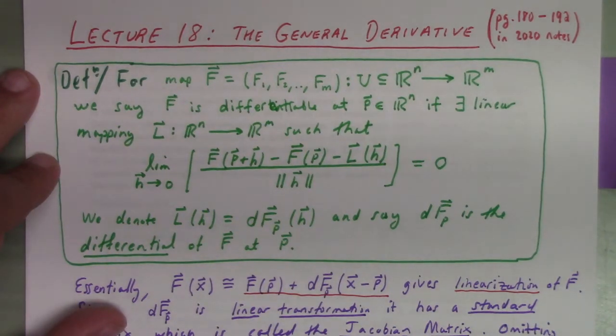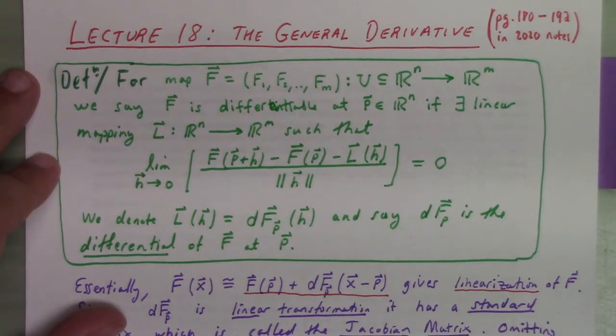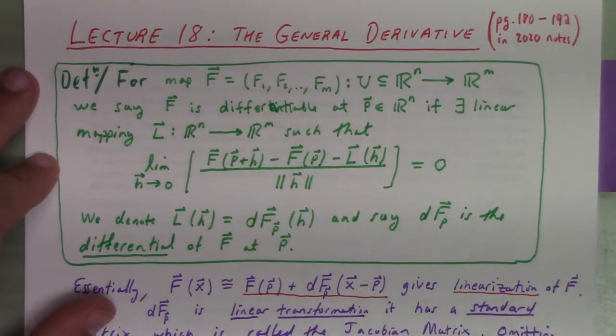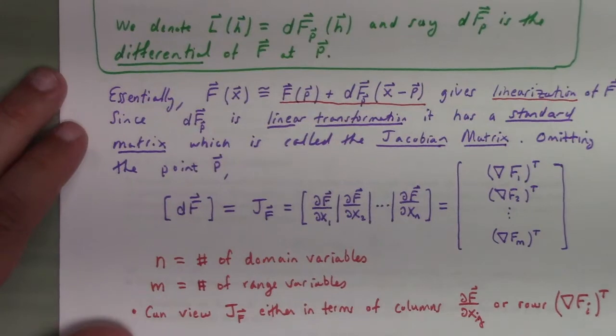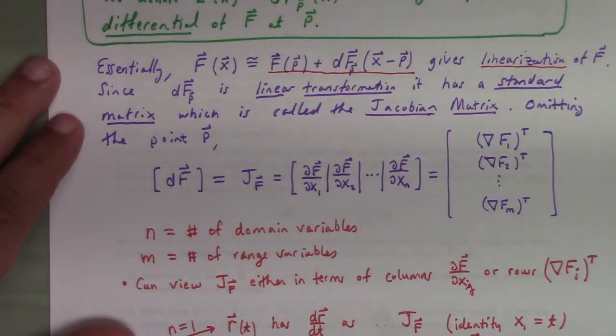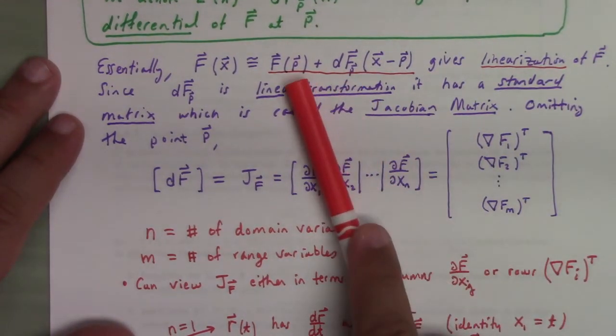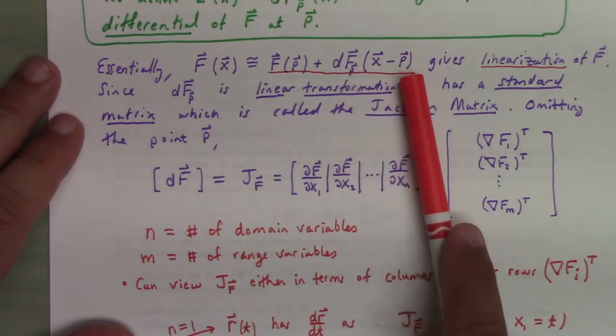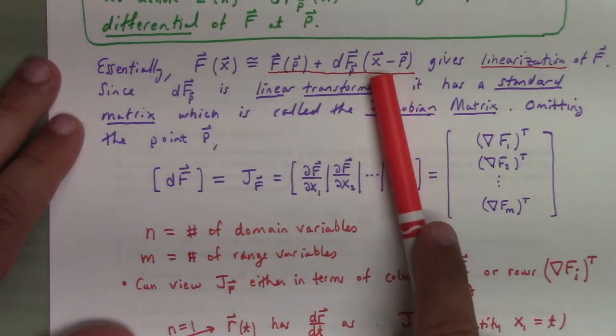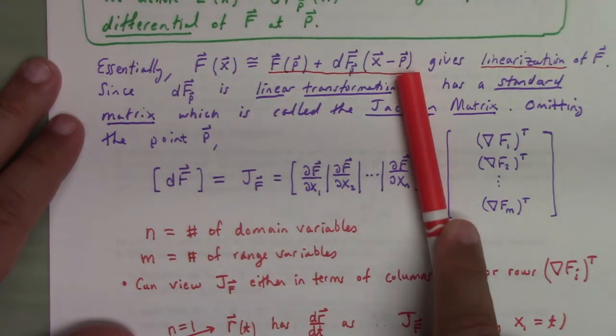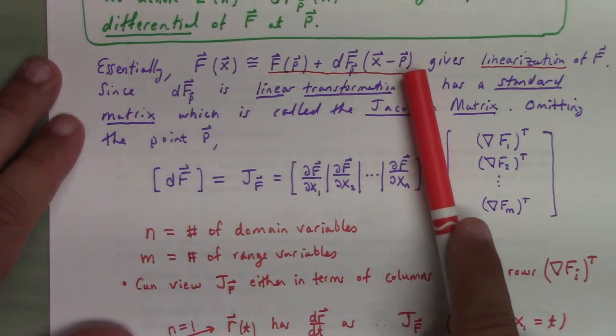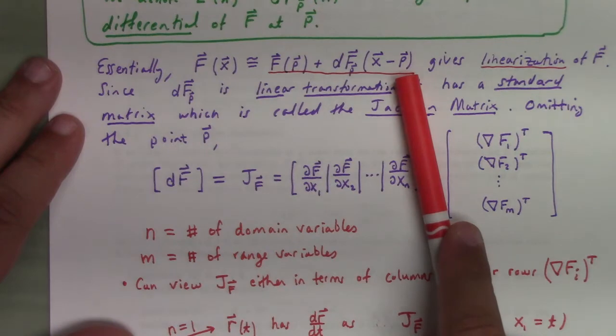So basically a function is differentiable if it can be well approximated by a linearization, a linear function close to the point. In particular, the linearization is exactly the value of the function at the point plus the differential times the difference between where we're looking at and the point at which the linearization is centered. You can think of that as kind of like the generalization of the point of tangency for a tangent line.